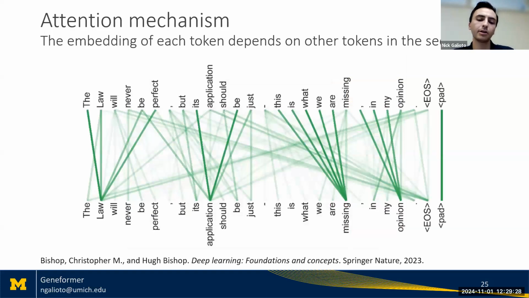What's important, the breakthrough technology of this foundation model, is the attention mechanism, where the foundation model is able to learn what's known as a contextualized embedding, where each token or word is going to be mapped to a different embedding depending on the value of other tokens in that sequence. There's a figure here showing how different words are going to be important for certain other words within the sequence.